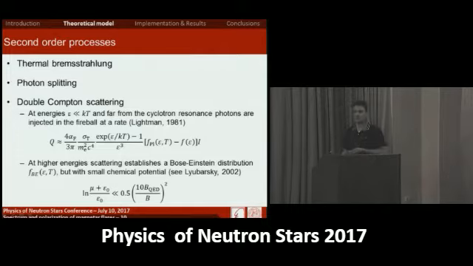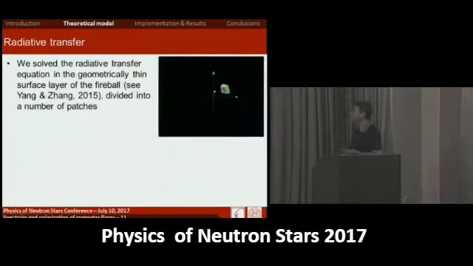In particular, we considered both the ordinary and extraordinary photons distributed according to black bodies at the base of the fireball. Actually, since the optical depth deep in the fireball is expected to be huge, we solve the radiative transfer only in a geometrically thin atmospheric layer of the fireball, characterized by an optical depth much greater than 1 at the base and much smaller than 1 at the top.